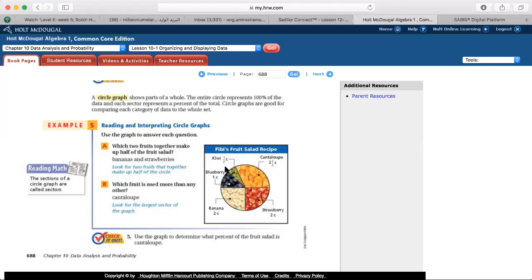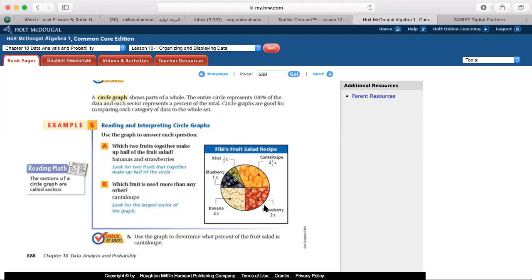Okay, girls? So, use the graph to answer each question. Which two fruits together make up half of the fruit salad? I'm going to search for only two fruits that make half of the fruit salad, since the whole circle represents the whole fruit salad.